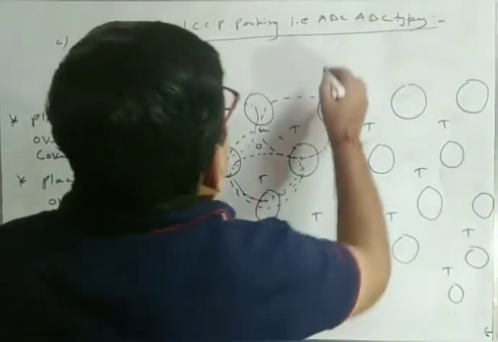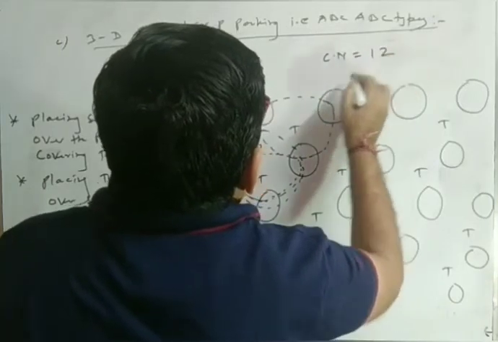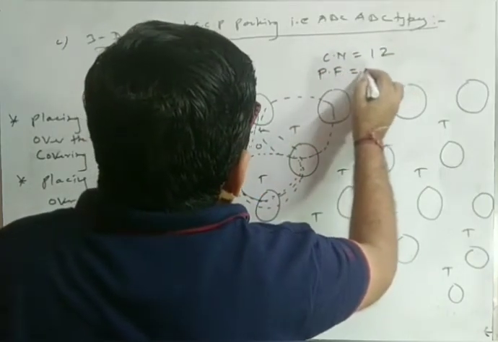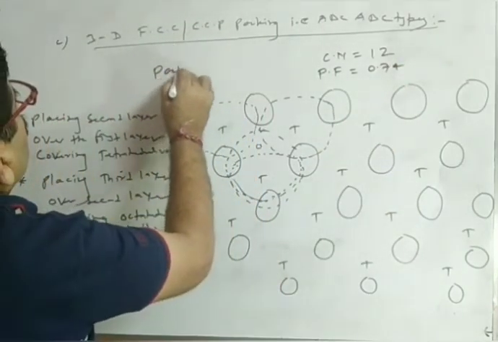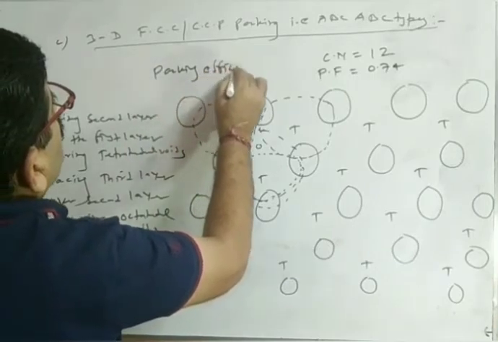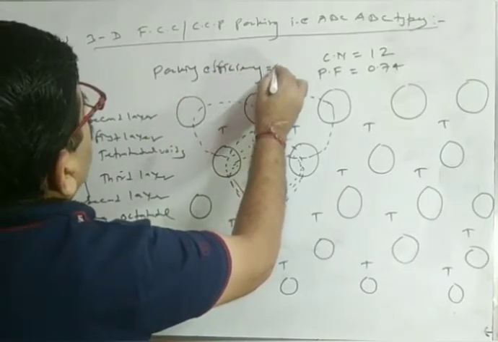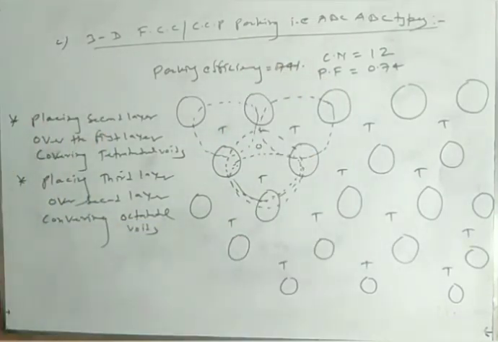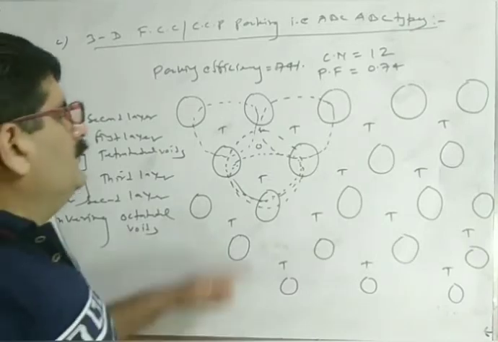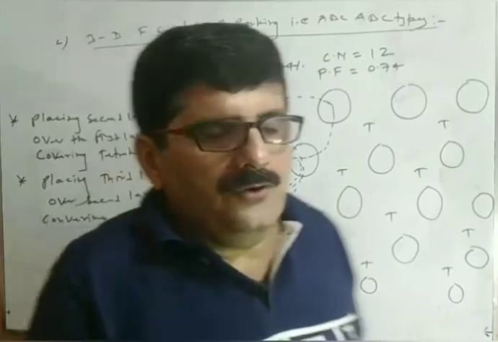Here the coordination number is equal to 12 and packing fraction 0.74, packing efficiency 74%. So this vacant space always forms an octahedral void. Always remember the number of tetrahedral voids is just double the octahedral voids.